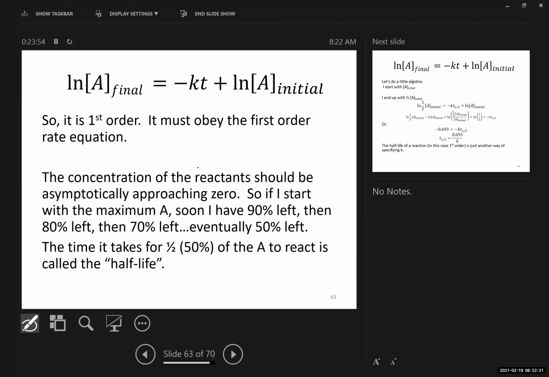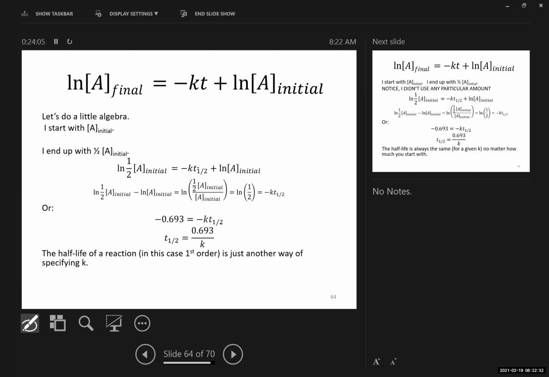Because a funny thing happens in a first order equation. If I rearrange that slightly, where I've got the log over the log, the initial concentration cancels if I look at the fraction that remains. Theoretically, you could do this with any remaining amount.